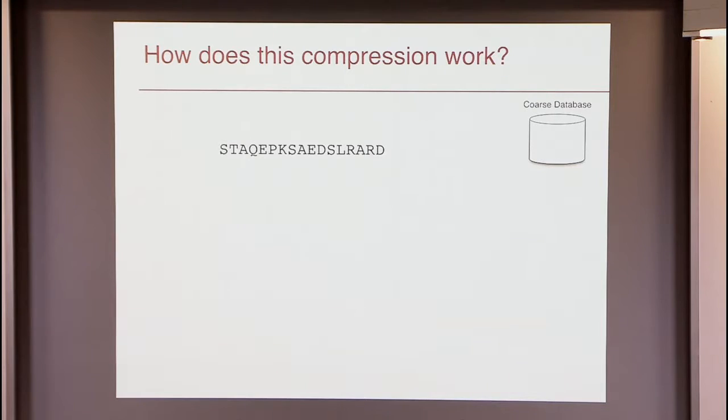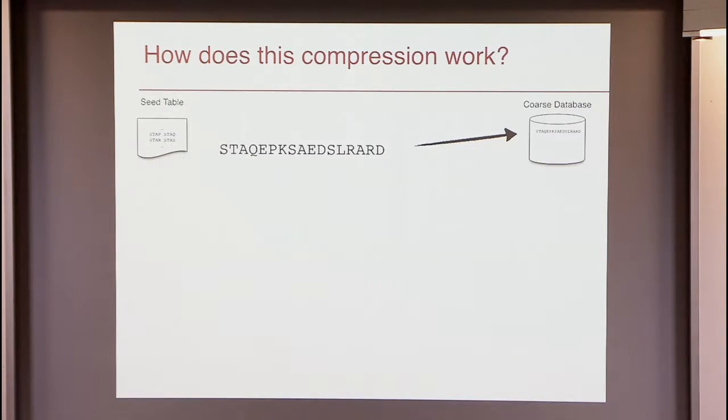We're going to initialize something called a coarse database. This is going to be the thing that we're actually going to be able to search easily. We get some sequence we want to compress. Initially, the database is empty, so we put our first sequence into the database and index it: every k-mer, and here I've got k equal to 4.